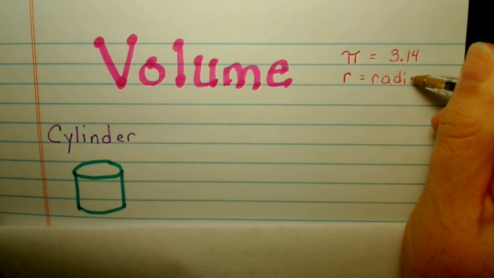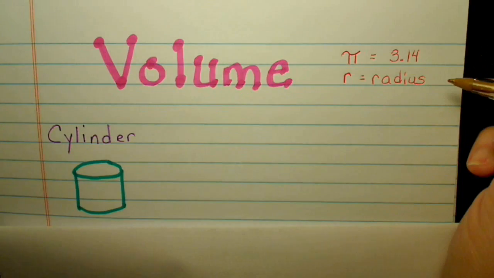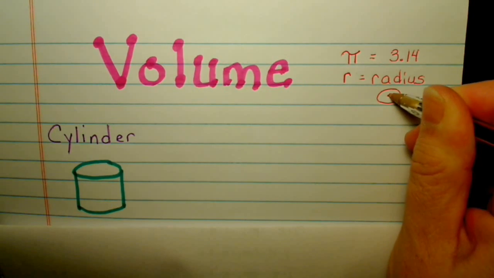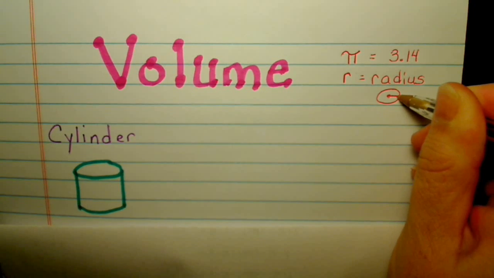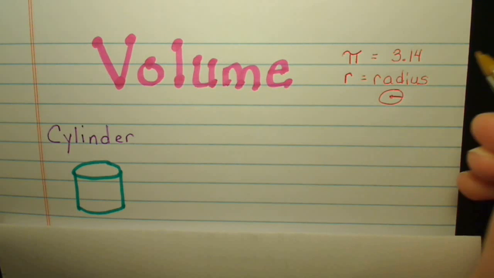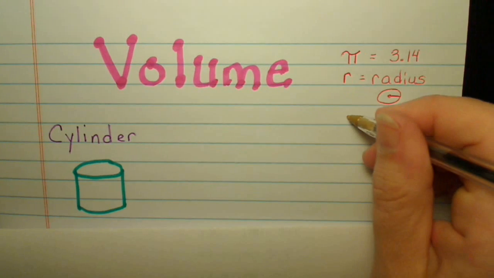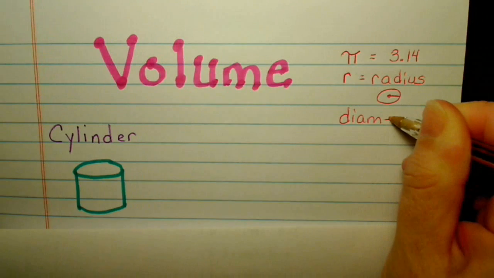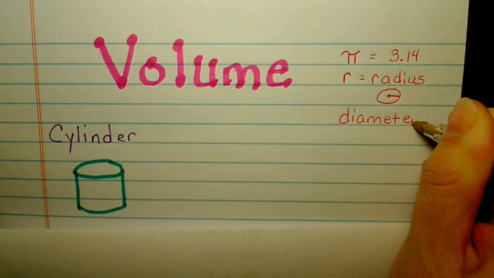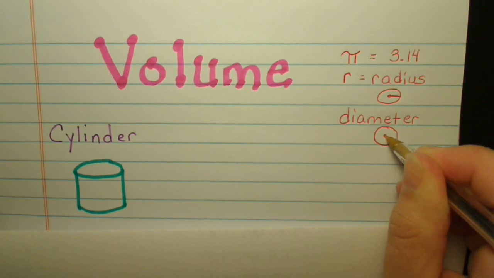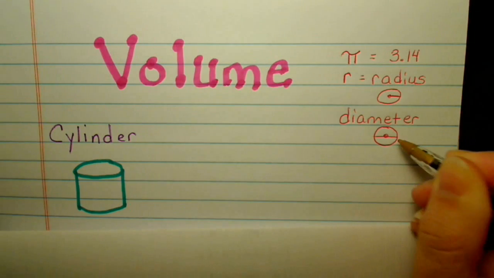You're also going to be seeing an R, and R stands for radius. And the radius is the distance from the center of a circle to the outside. So it's like half the distance across. That would be the radius. If they give you the diameter of the base, the diameter would be the distance all the way across.